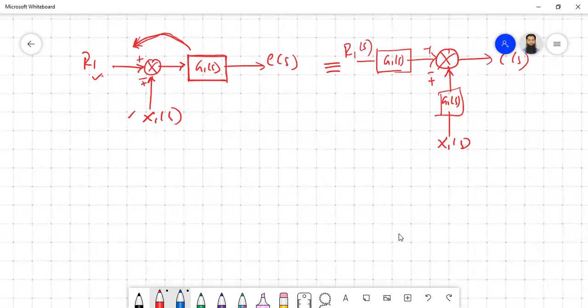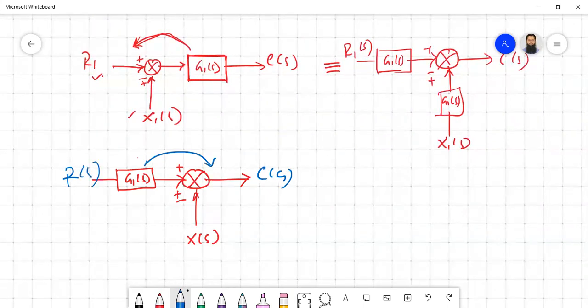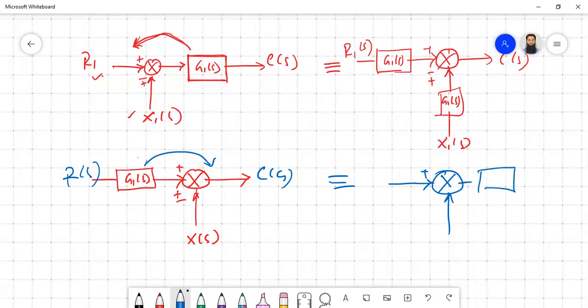The other case: maybe one signal is multiplied with a gain only, and then you have the summing junction, plus minus something like this, and this is X1(s). Now say we have to bring this block to the other side. Is it possible or not? If you bring it to the other side, definitely both signals which will be added together will be multiplied by G1, because it is common to both.